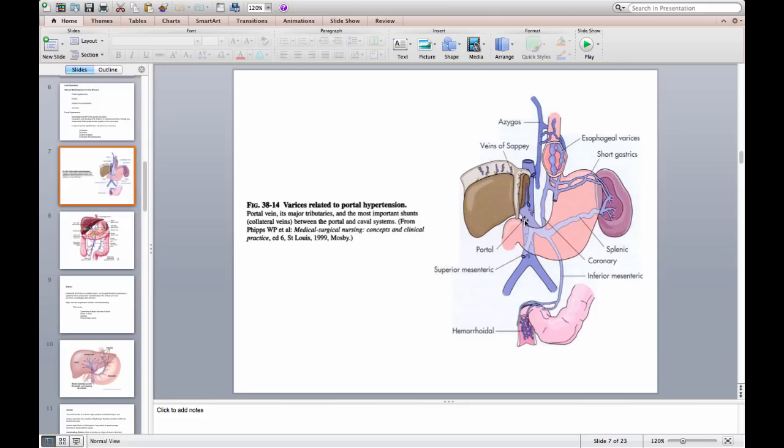Done with the liver, pretty much for now. All right. Okay, so why don't we switch gears and go to the neuro section, okay?